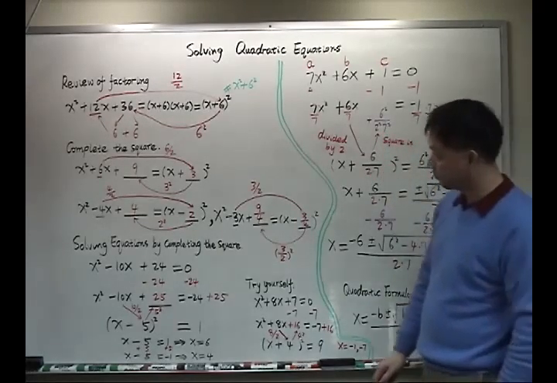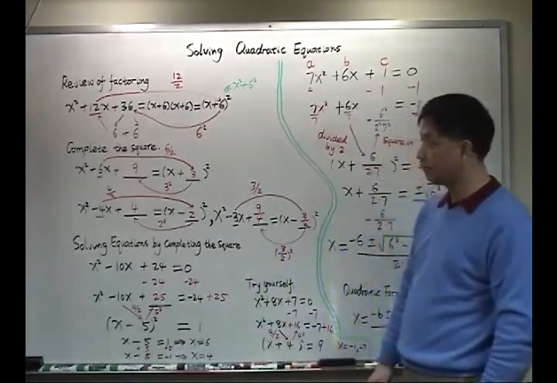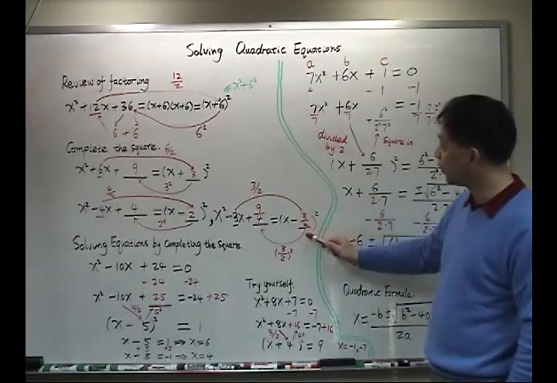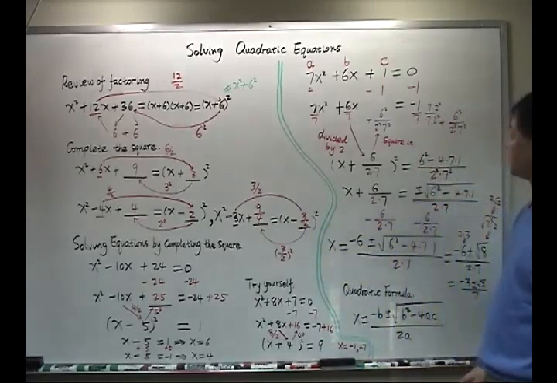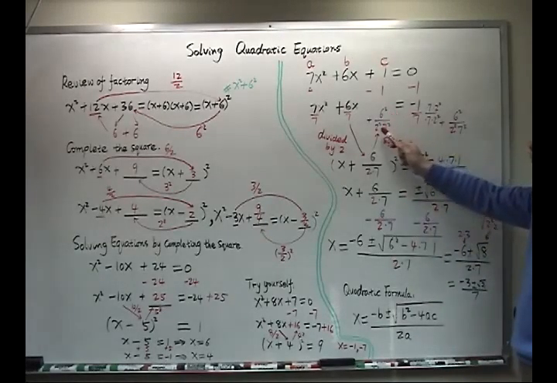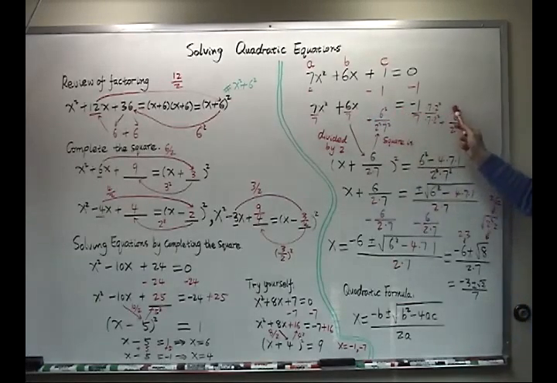It's like here, 5 squared is 25. It's like here inside the quantity, 3 over 2 squared is 9 over 4. Okay? So, we have 6 squared over 2 squared, 7 squared. On the left hand side, you add this constant. Again, because this is an equation, you have to add 6 squared over 2 squared, 7 squared on the right hand side.